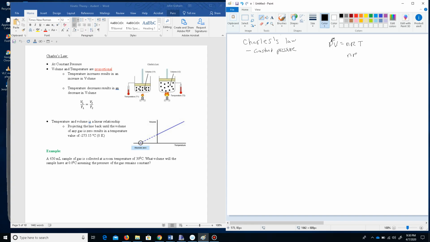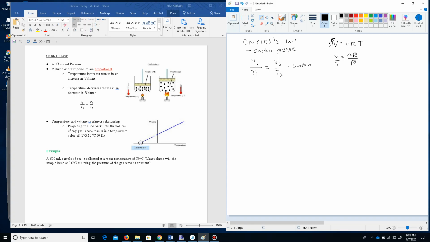So I get NR over P, and I have to divide T over, so I get V over T. Now I have this one memorized: V1 over T1 equals V2 over T2, equaling some constant, which will technically be NR over P.